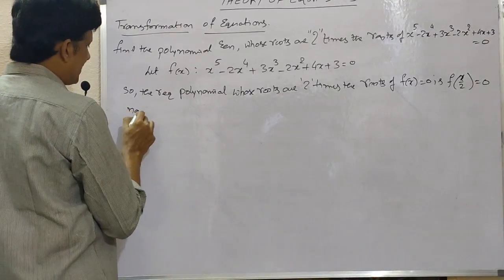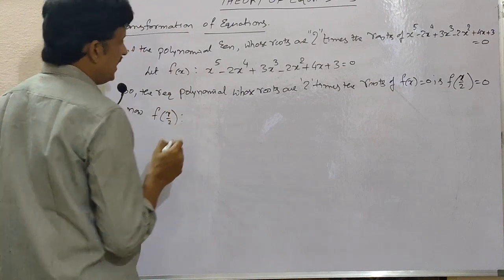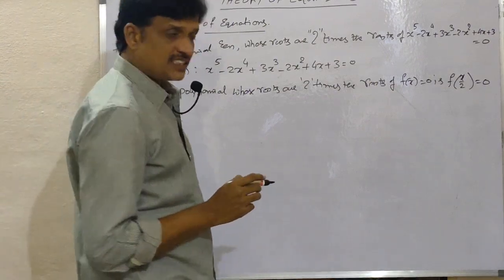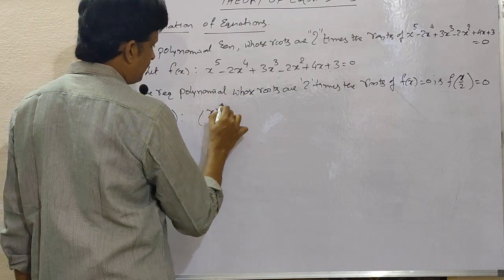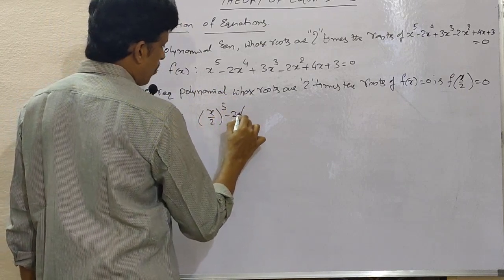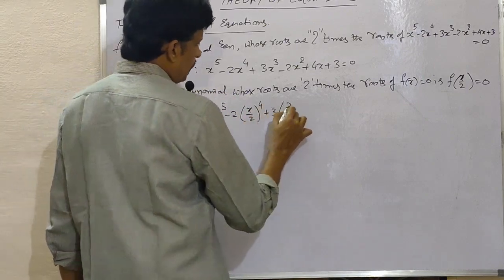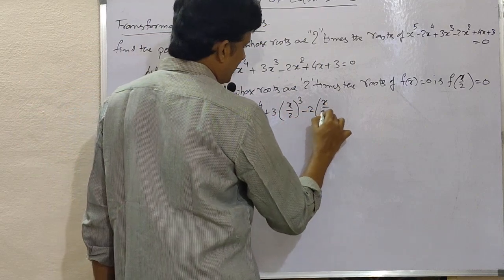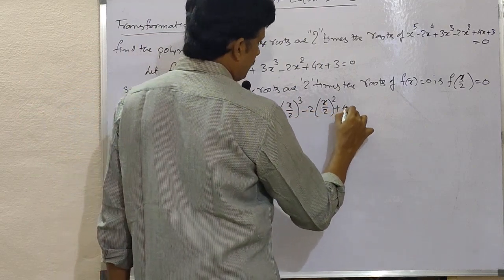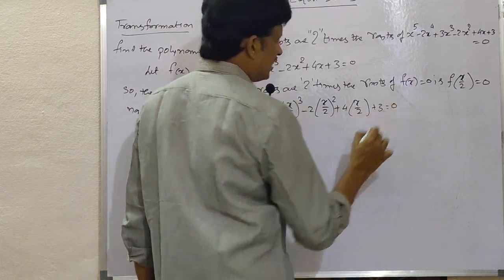Now this f of x by 2 will be, in the place of x we have to write x by 2. Then you are getting like this, x by 2 whole power 5 minus 2 into x by 2 whole power 4 plus 3 into x by 2 whole cube minus 2 into x by 2 whole square plus 4 into x by 2 plus 3 is equal to 0.